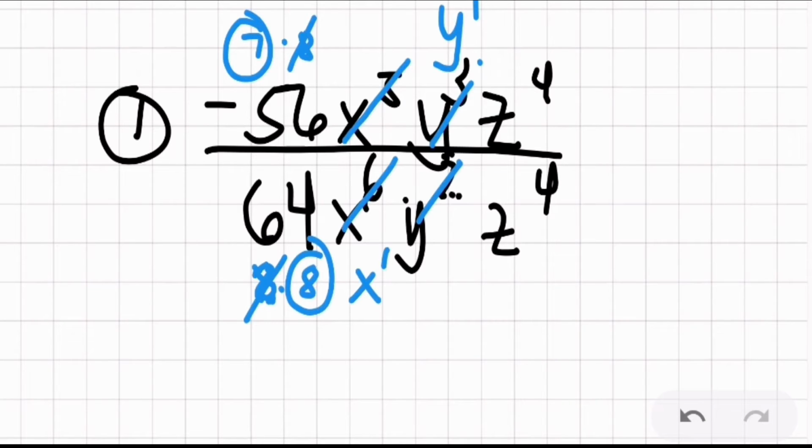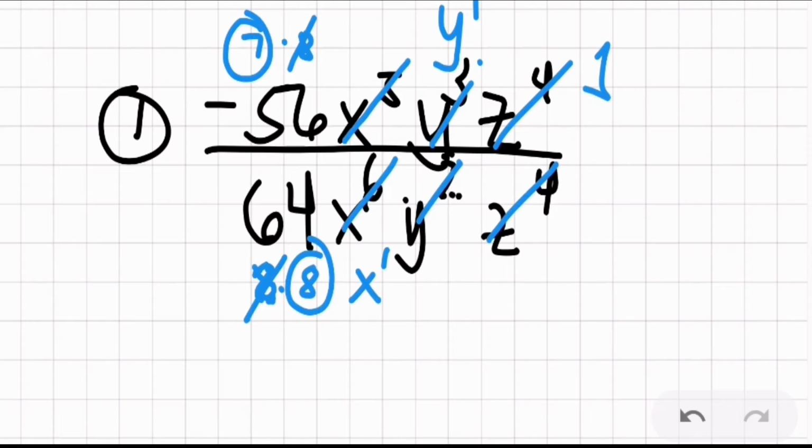And for the last one, z raised to 4 over z raised to 4, the numerator and denominator have the same value, so we can simply cancel this out and we will be left with 1. Or using the quotient rule, z will be raised to 4 minus 4, that is 0, and that is still equal to 1.